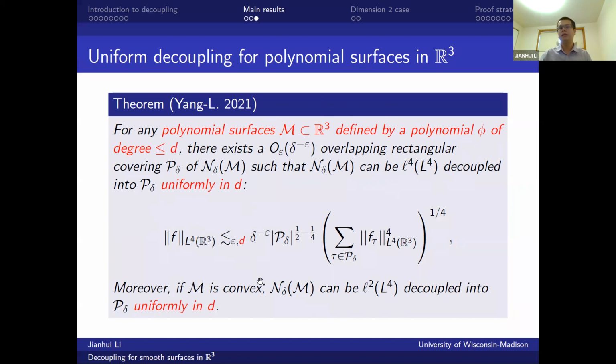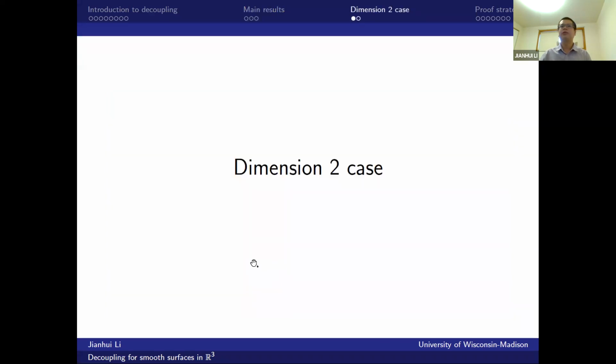And moreover, for the convex case, we also need it uniform in d, which means that the decoupling constant doesn't depend on M, the manifold. And then we can use some Taylor expansion, some approximation argument to recover the smooth case. Okay, these are our main results. And now we'll move to discuss the dimension 2 proof.